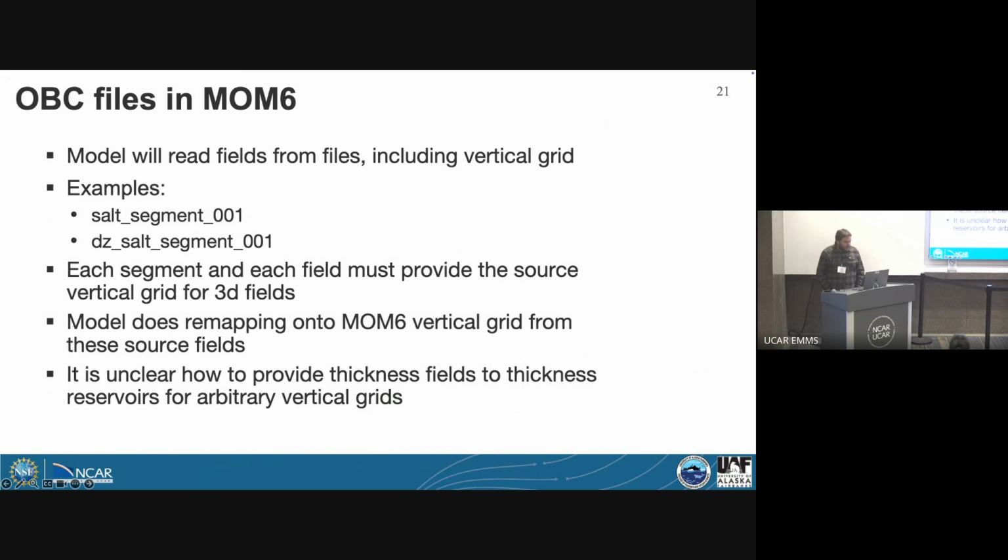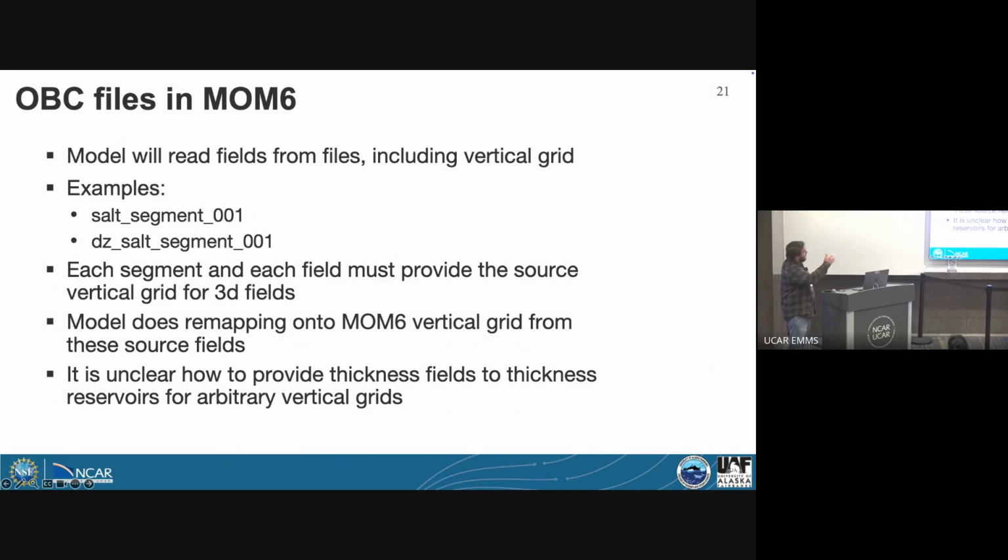Last is some detail about the OBC file in MOM6. The model will read the OBC from file, and it will read the quantity, but also the vertical grid from the file.